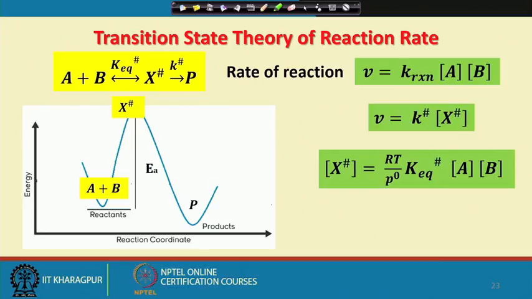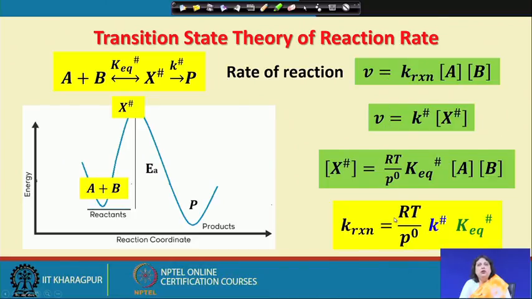Now, we will go further and say that from the equilibrium constant I can rewrite the concentration of the activated complex, and now combining these three equations I can write k reaction as a quantity which depends on this constant k dagger and the equilibrium constant K equilibrium dagger. So, the task of molecular thermodynamics is the evaluation of this rate constant small k dagger and this equilibrium constant K equilibrium dagger given the scheme as shown here.